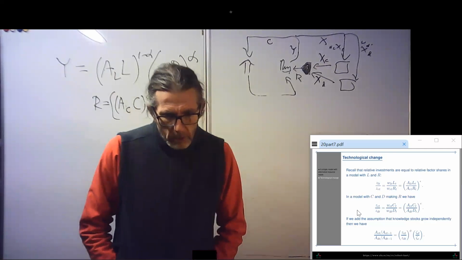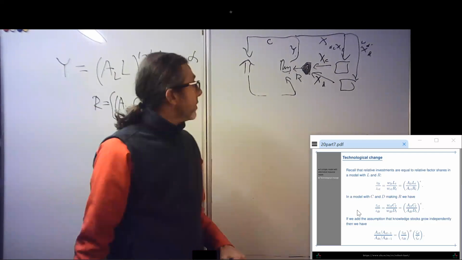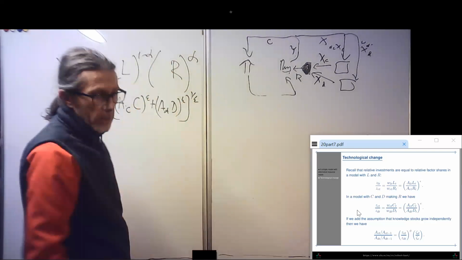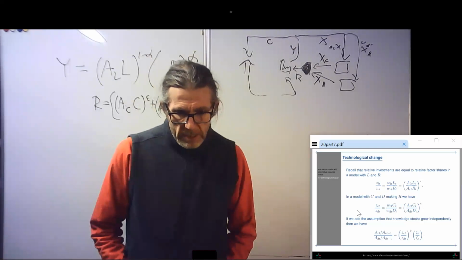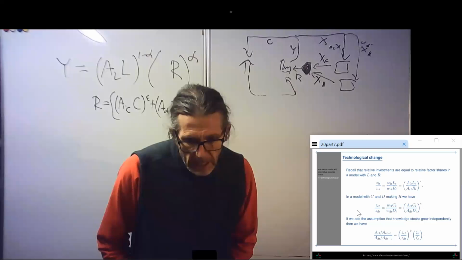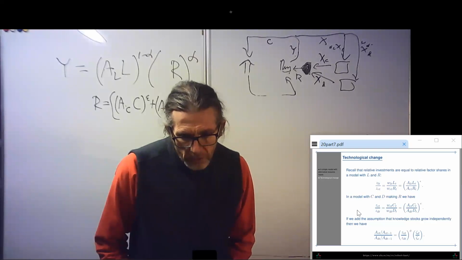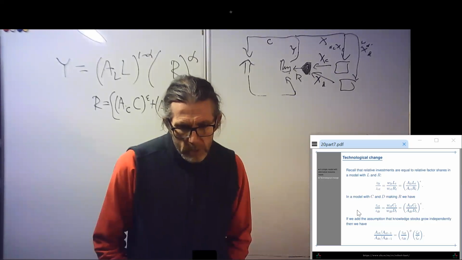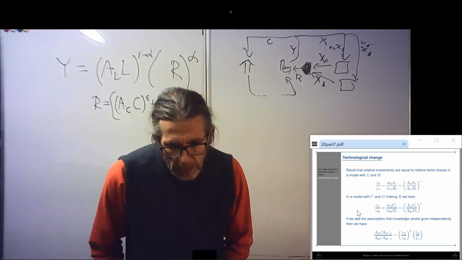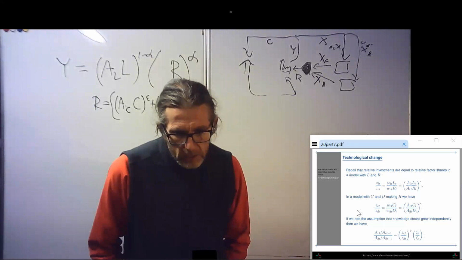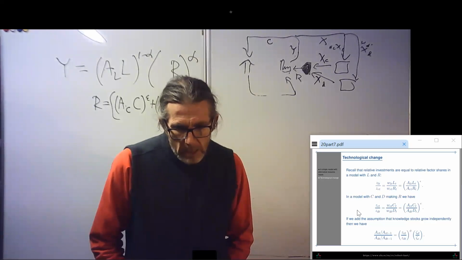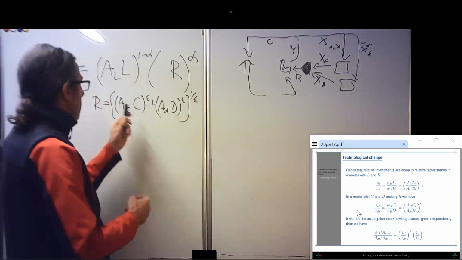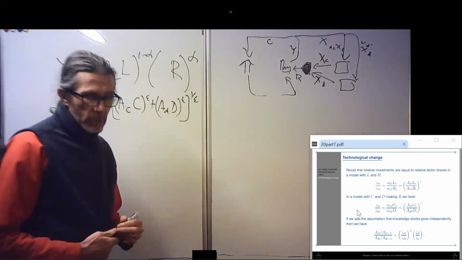In our old model, when we were looking at directed technological change between AL and AR with a CES here, we worked out that ZL over ZR was equal to WLL over WRR, which was equal to ALL over ARR to the epsilon. In this model the math is basically the same, so I'm not going to go through it.